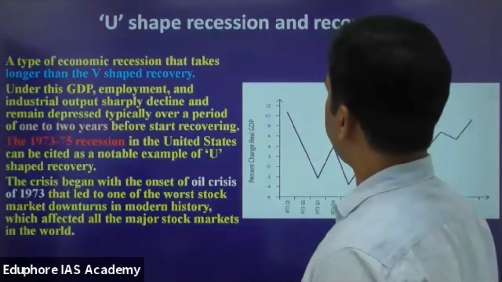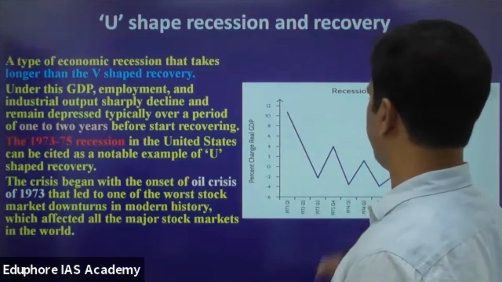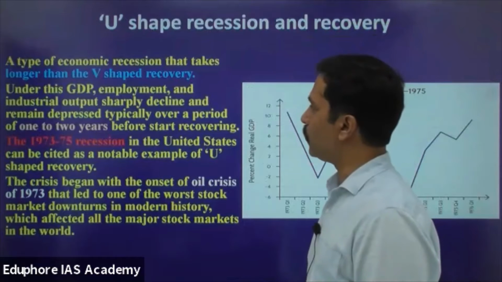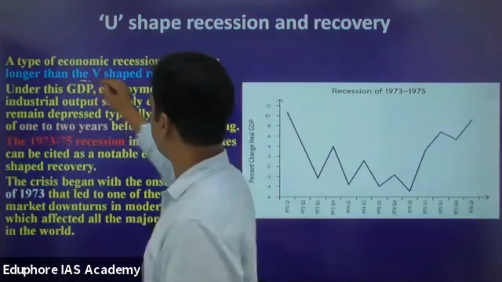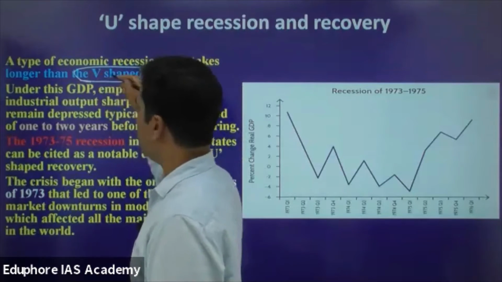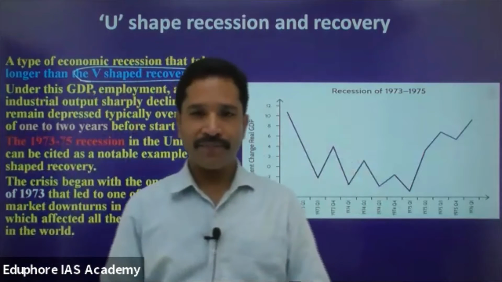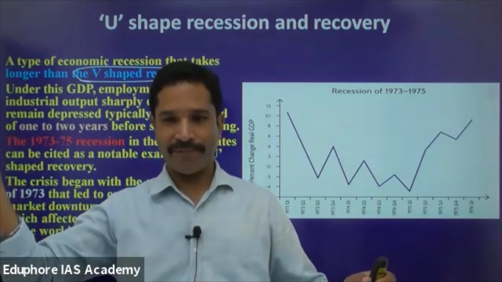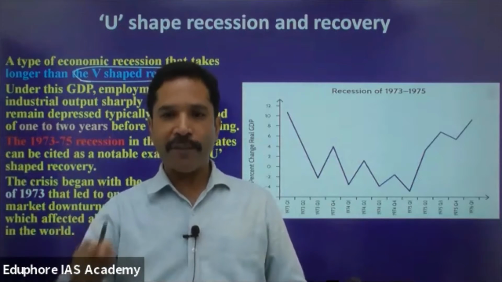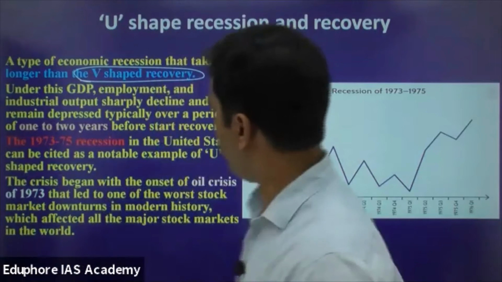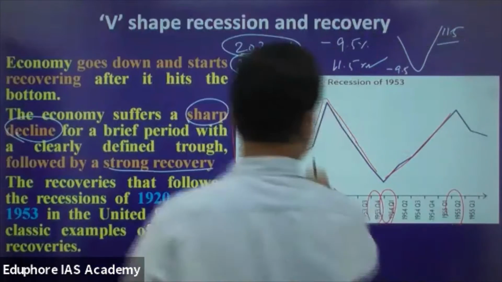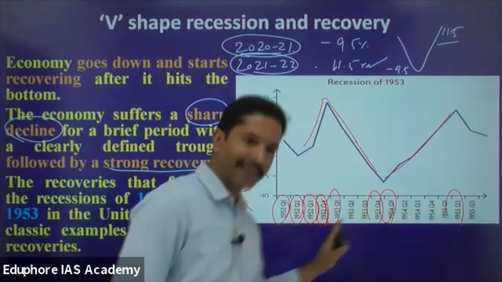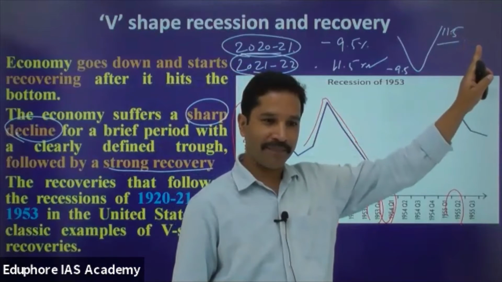Now, U-shaped recession and recovery. A type of economic recession that takes longer than V-shaped recovery. Economy goes down, remains there for a particular stretch, then comes up. V-shaped recovery में जो पिछली recovery थी, economy hits the bottom, and after hitting the bottom, it immediately starts coming up, right?